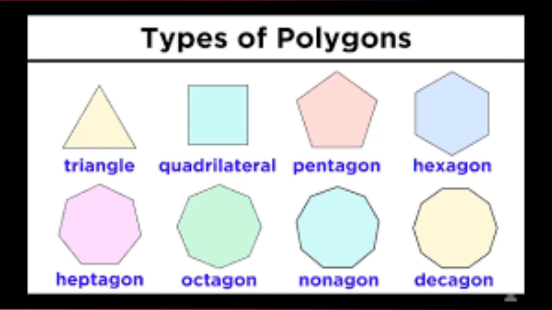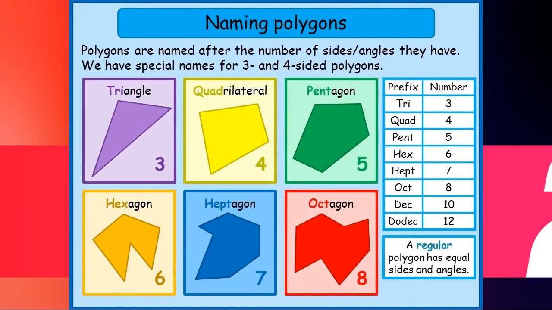And so all of these polygons, boys and girls, the first few letters, they're prefixes like tri, quad, pent, hex, hept, oct, dec, and dodec, which is an extra one.